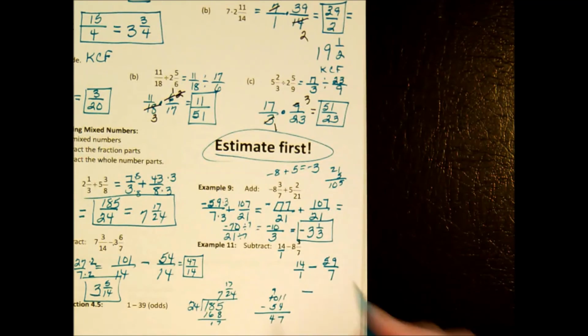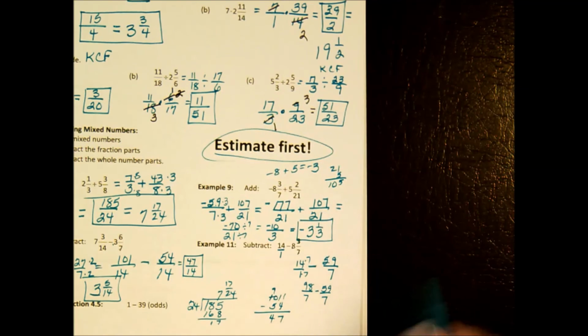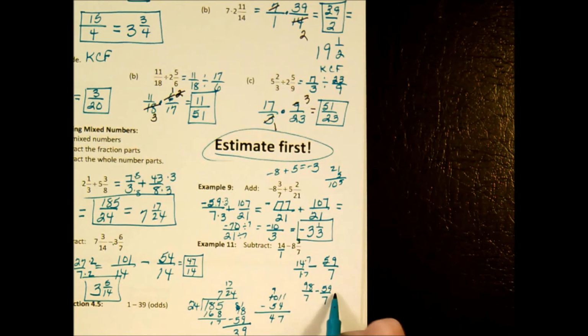We're going to change this to a 7 by multiplying by 7, and I get 98 minus 59. So 98 minus 59 is 39. So we get 39/7. That one's not too bad to change to a mixed number. It's 5 and 4/7.